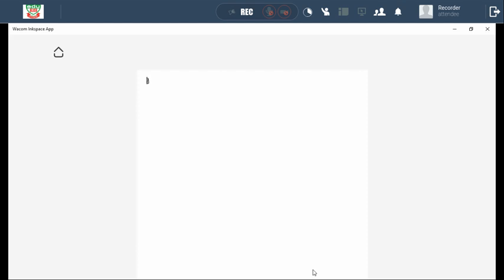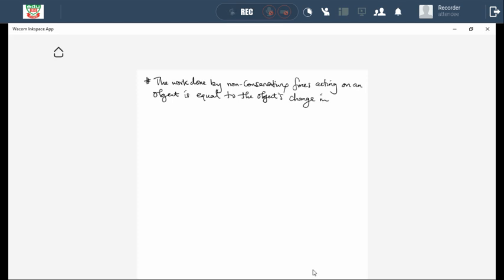So the next bullet that I'm going to write says: the work done by non-conservative forces acting on an object is equal, very interesting, is equal to the object's change in its mechanical energy.